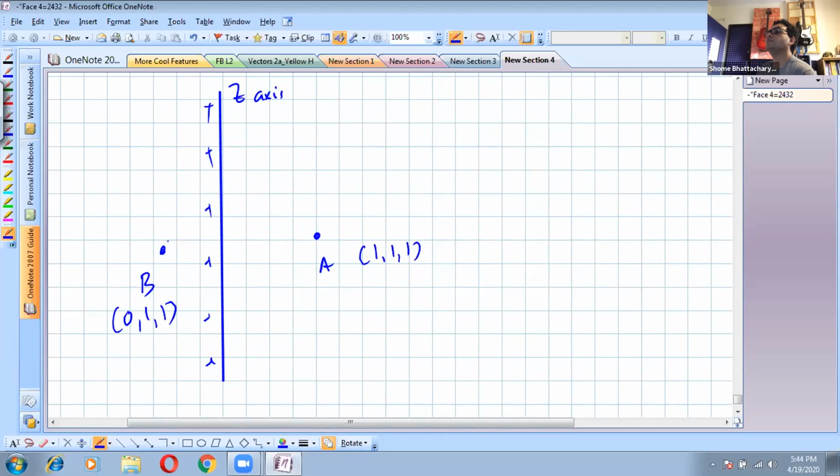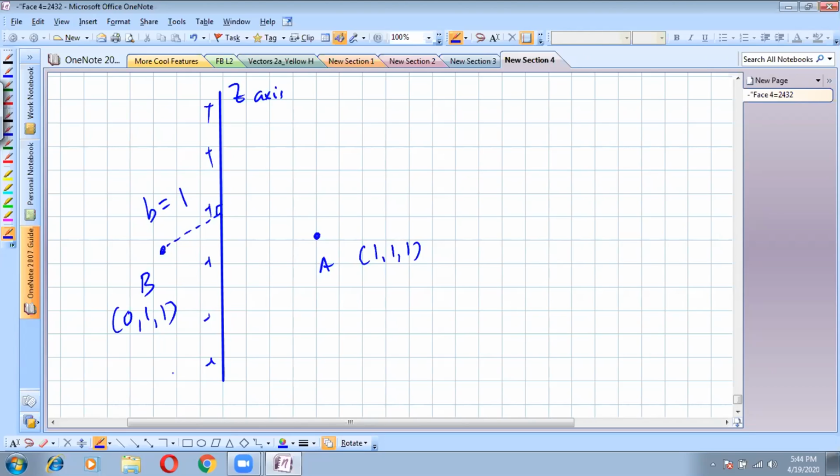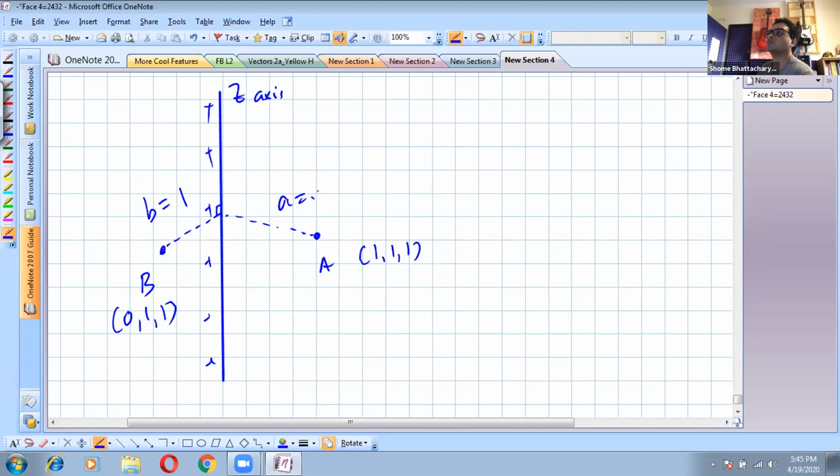What was the perpendicular distance of point B from the z-axis? Let's say that was B. That will be 1 only. See this coordinate 0, 1, 1. At what distance is it from the z-axis? It's at 1. Whereas this one is at a distance of root 2. You're getting it?